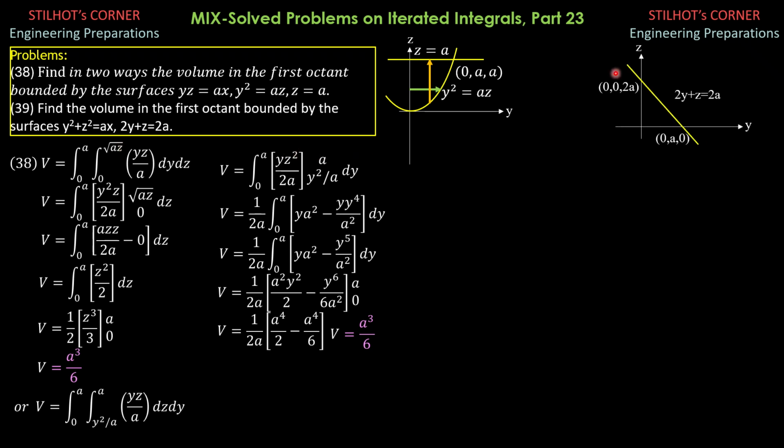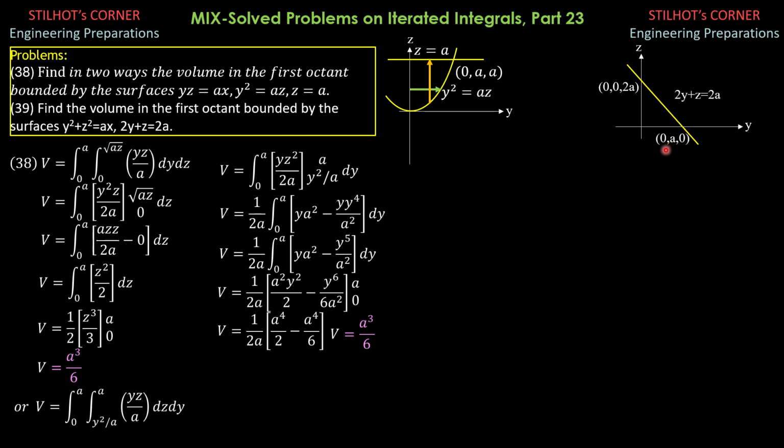So this is the plot of the surface 2y plus z equals 2a. It only appears as a line here, then extrude it towards our eyes. That's the graph of this surface 2y plus z equals 2a. Then when z is 0, y is a after we substitute it here.